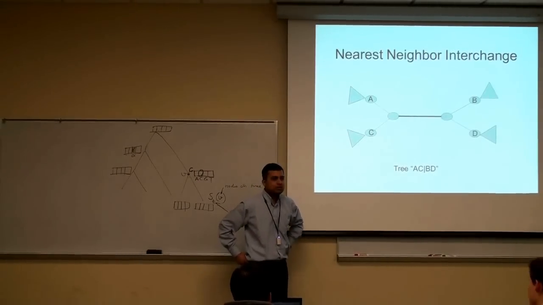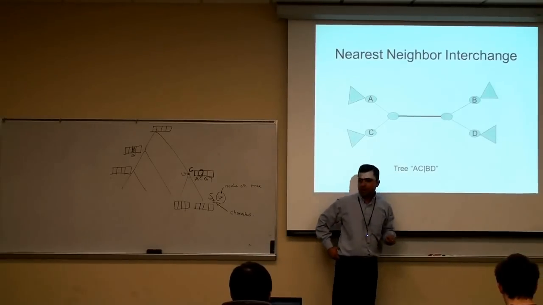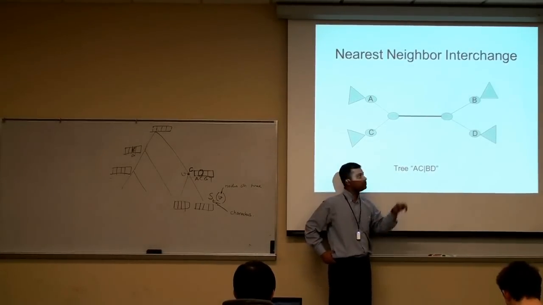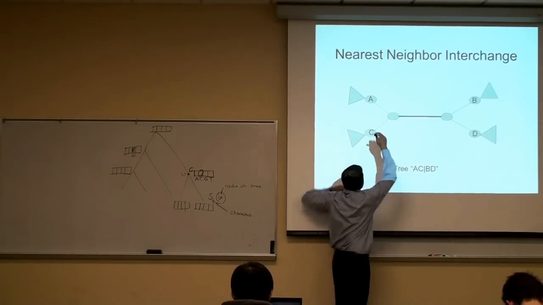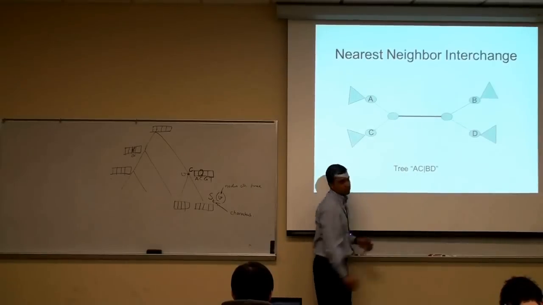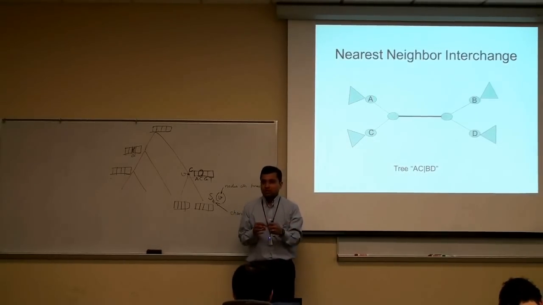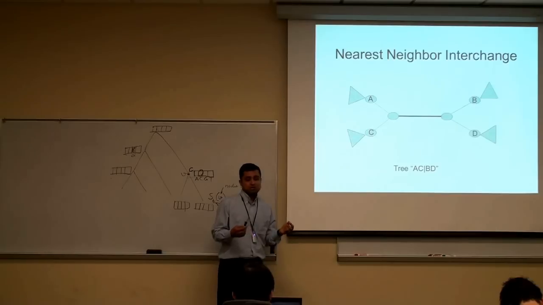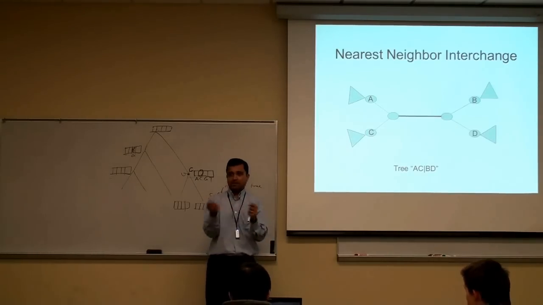So this is what it does. It chooses an arbitrary branch and does a nearest neighbor interchange. And it could have chosen this branch as well and would have done the nearest neighbor interchange after focusing on that. So there are many possible neighbors that it could evaluate. I don't know what exactly it does. It could just try all those neighbors and pick the best one.